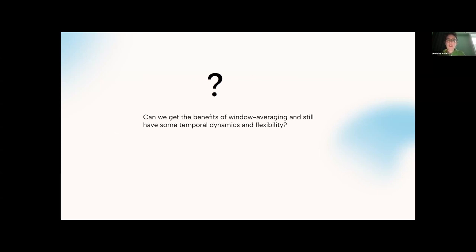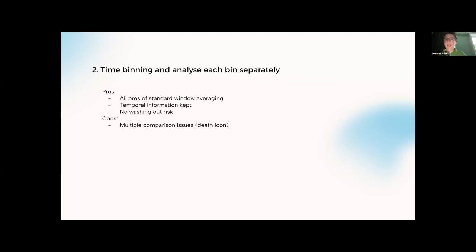So the question is how can we have some benefits of the window averaging and still have some temporal dynamics and flexibility in our analysis? And one solution is to time bin our time window and analyze each bin separately. So this allows us to be more flexible and be able to detect an effect that is in some part of the time window and not in the whole time window, if the time window is too large.